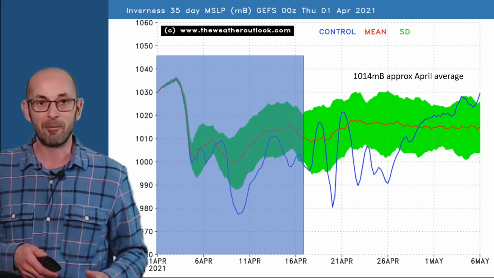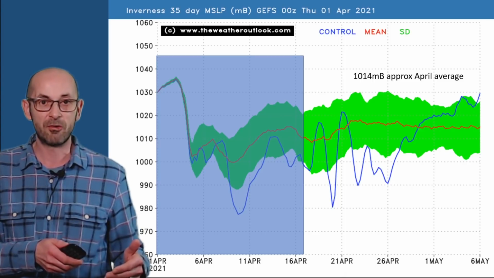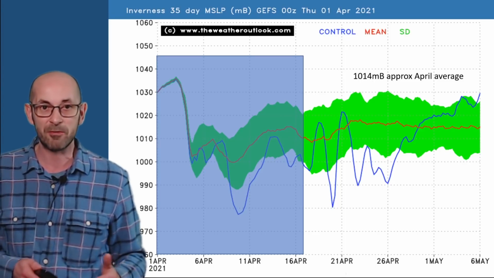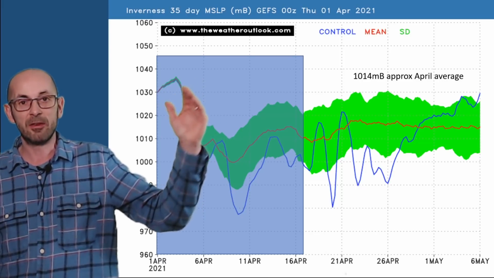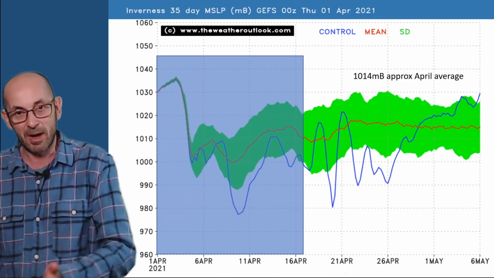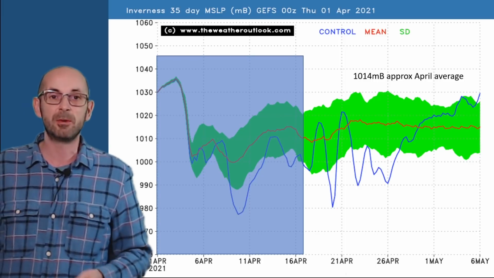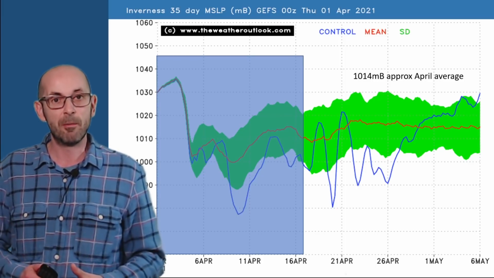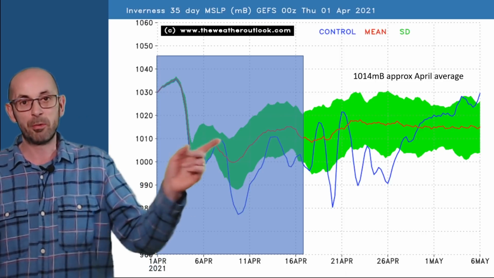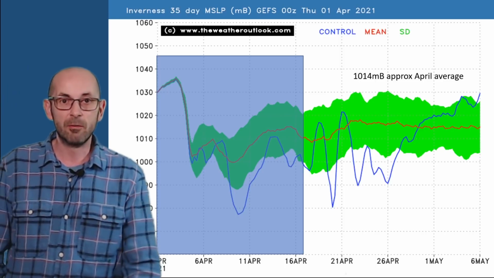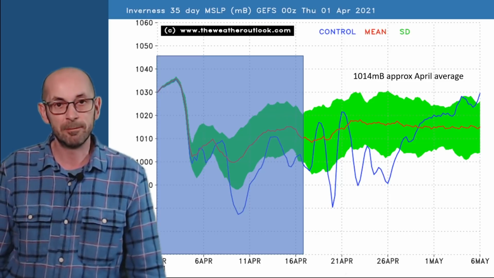So after that early cold weather during the first half of April, where we've got high pressure centred up to the northwest, the signal here is for that high pressure to actually become centred more to the south of the UK and revert to a more normal pattern across the North Atlantic, with areas of low pressure tracking to the northwest of the United Kingdom.